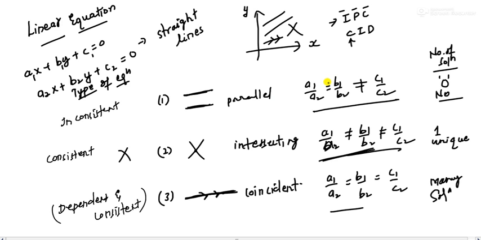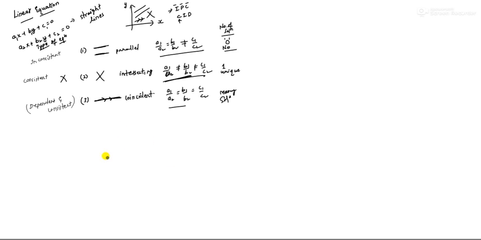Why am I saying that? Because the type of questions asked from this chapter is like this. They will give some equations, for example, if x plus 2y is equal to 3 and 2x plus ky is equal to 4.